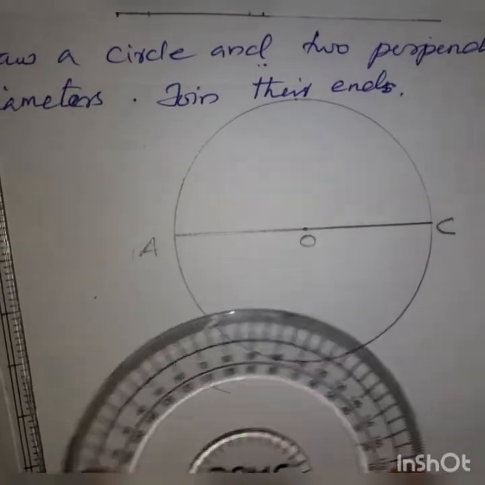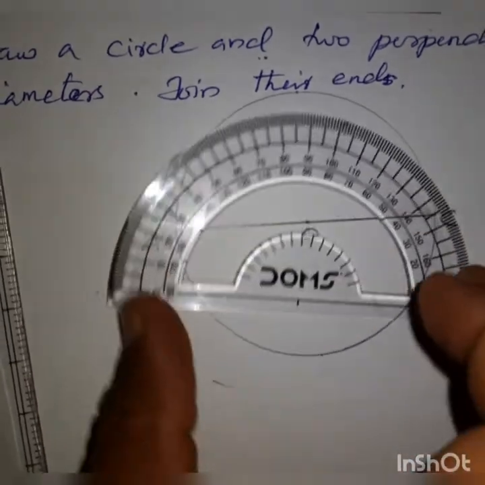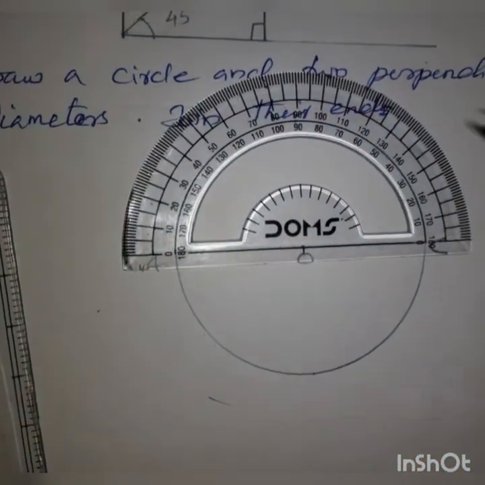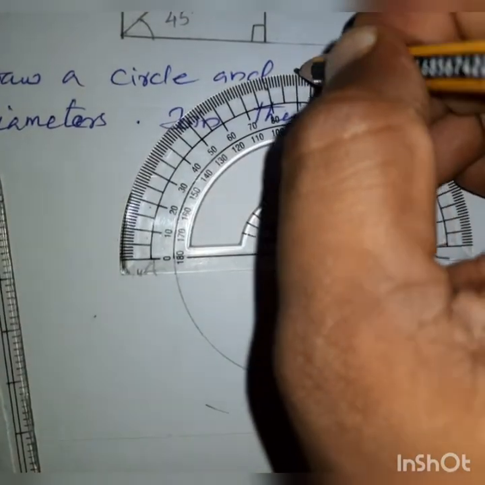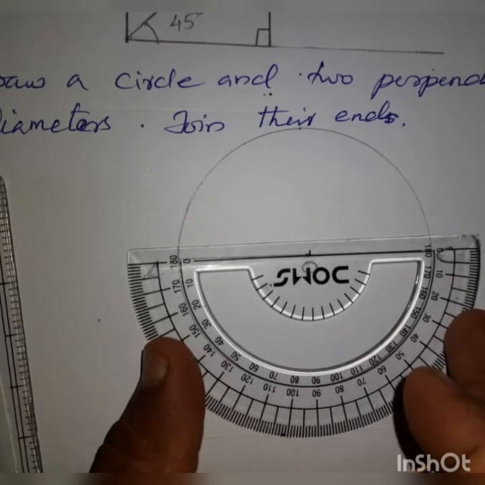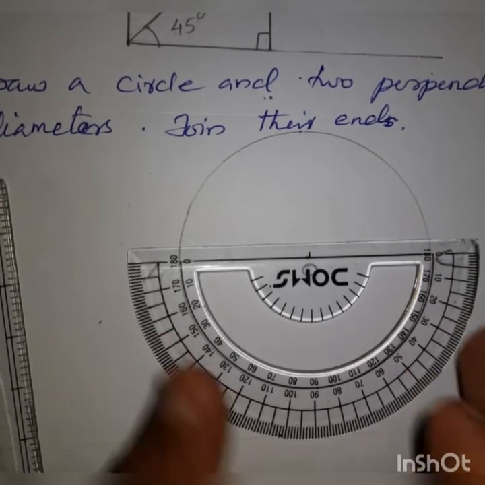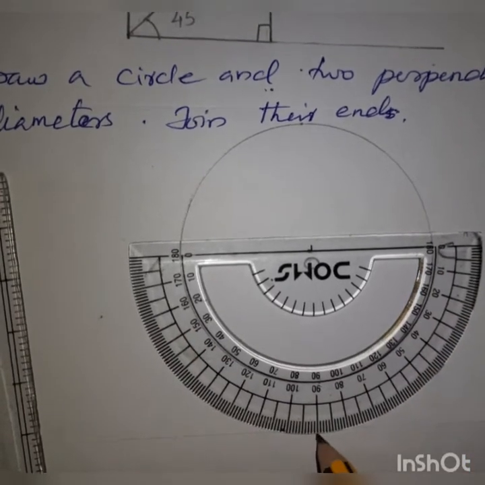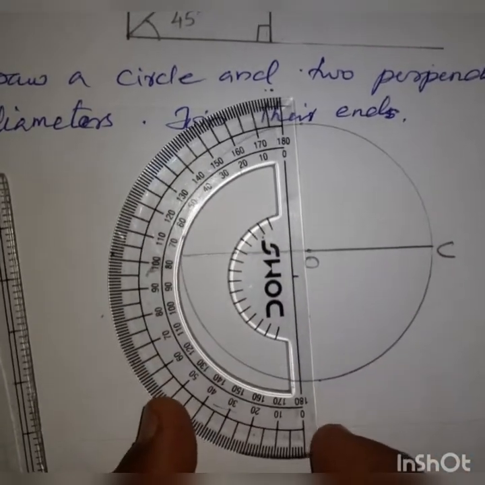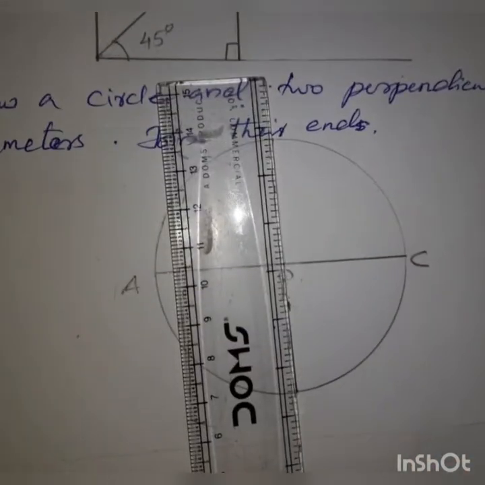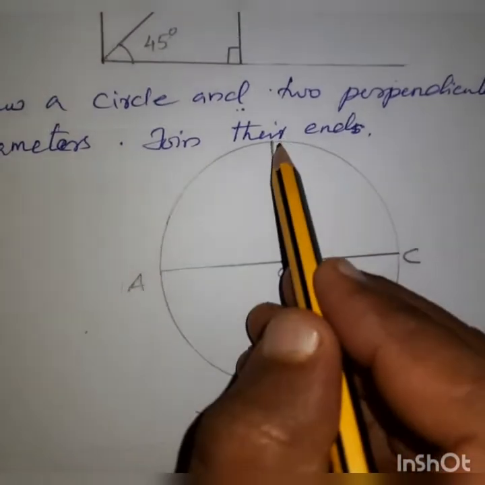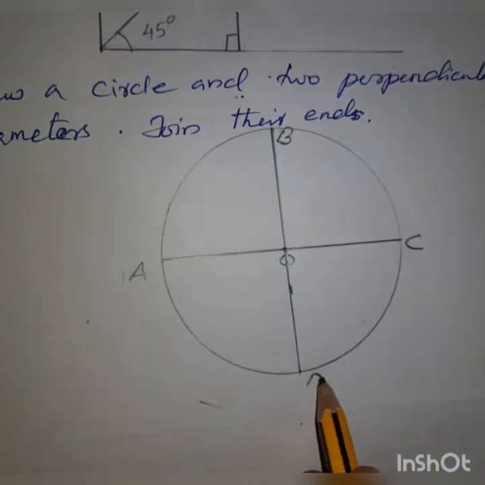For drawing the next diameter, keep the protractor like this and mark the 90 degree angle from both the ends. Then join these lines. If you join that, you will get two diameters, AC and BD.